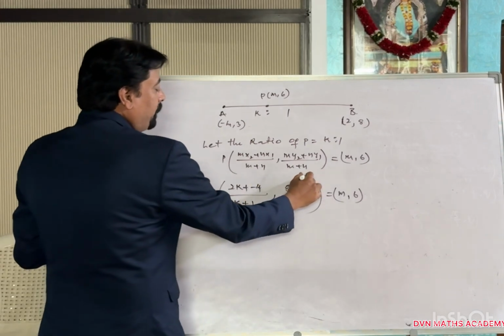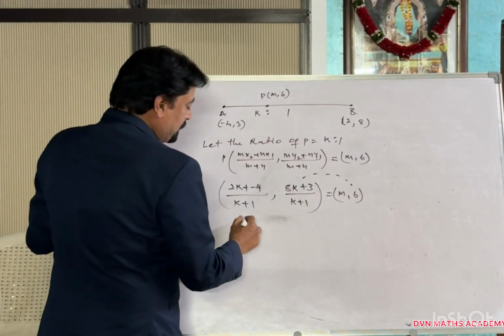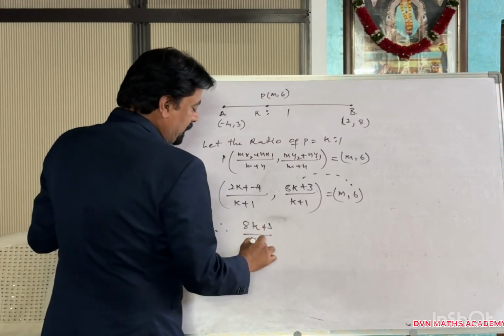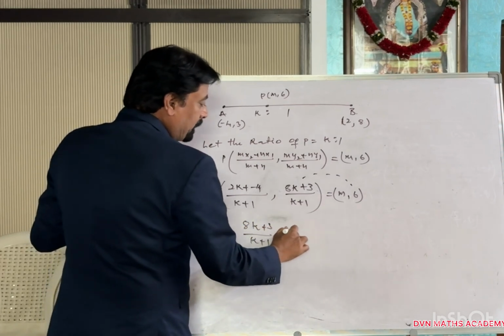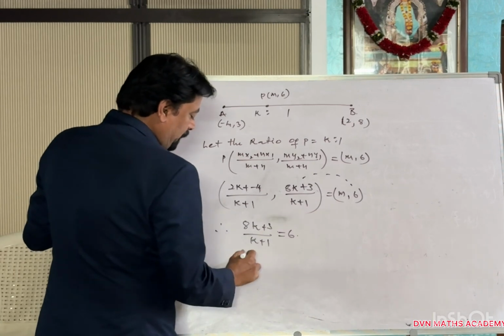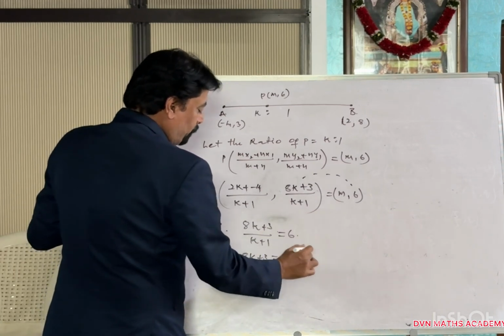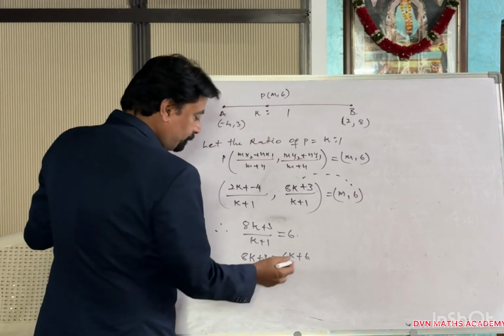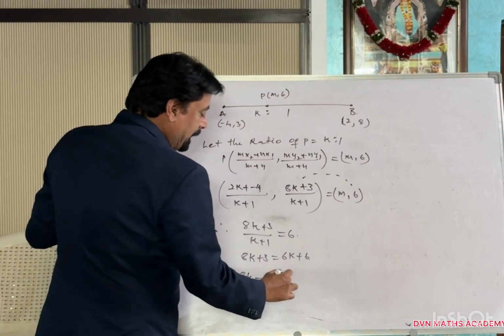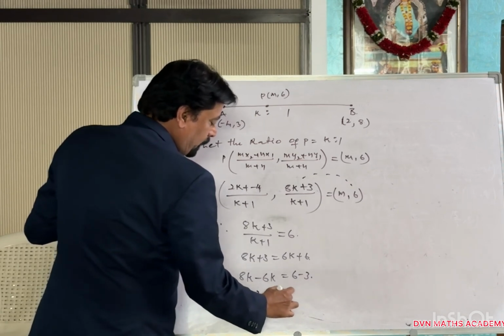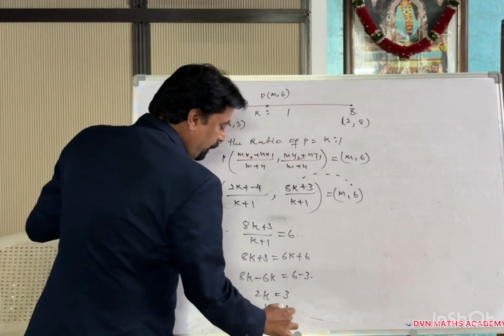If I compare the y coordinates first, therefore (8k plus 3) by (k plus 1) is equal to 6. If you go for cross multiplication, 8k plus 3 is equal to 6k plus 6, and 8k minus 6k is equal to 6 minus 3. This is 2k is equal to 3, k is equal to 3 by 2.